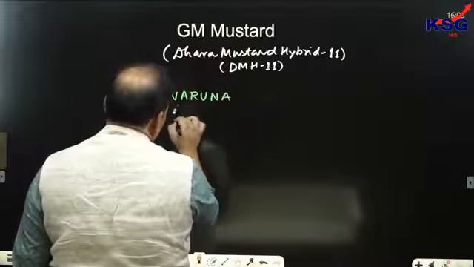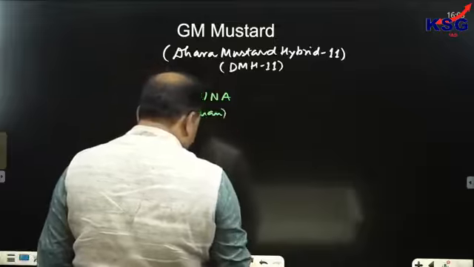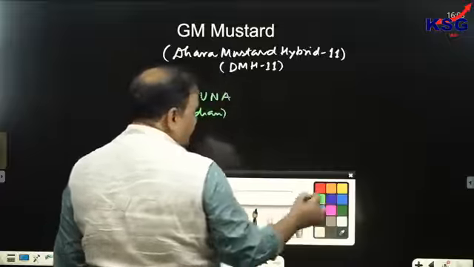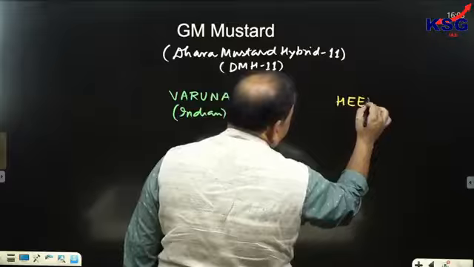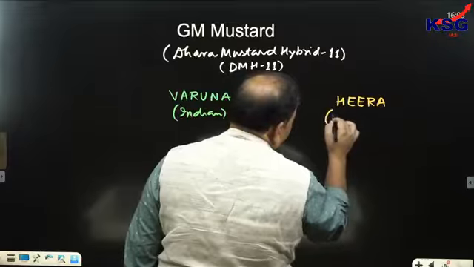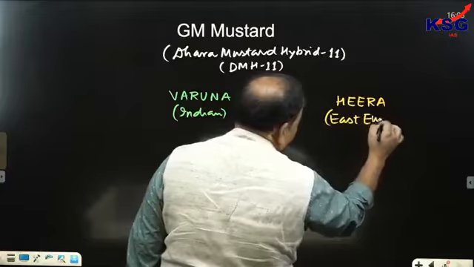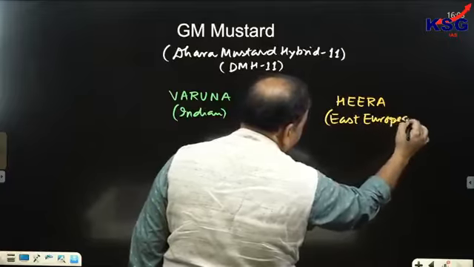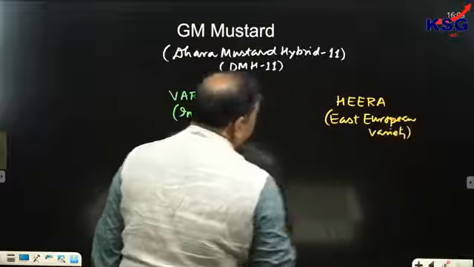Varuna is an Indian variety. And the second variety is called Heera. Heera is an East European variety. So one is called Varuna and the second is called Heera. Clear?